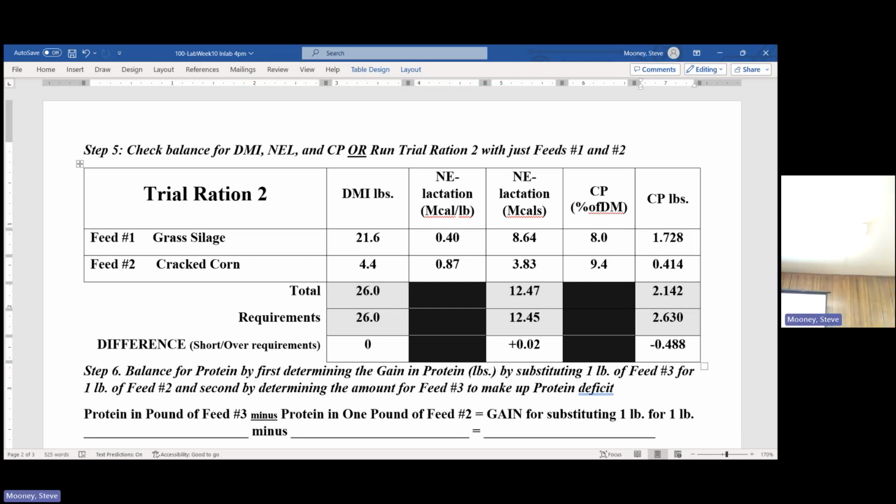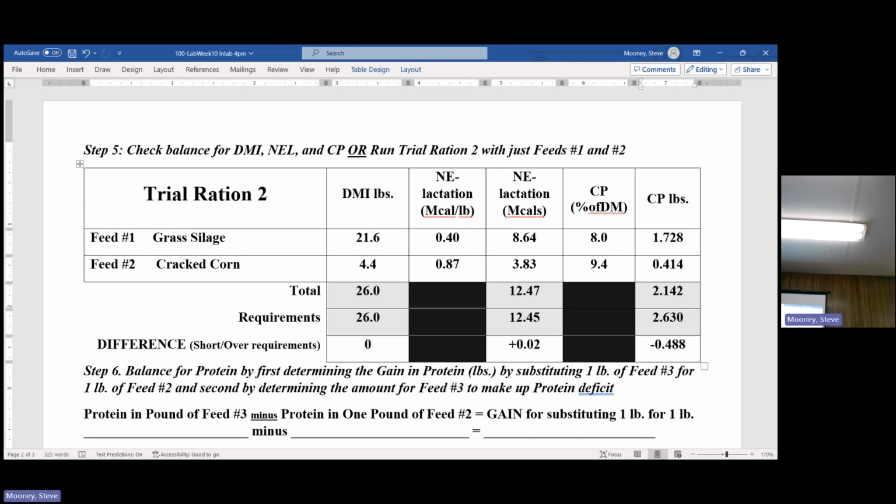How about those numbers? Everybody happy with those?